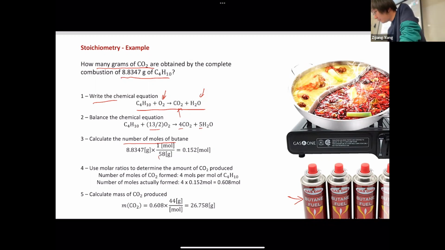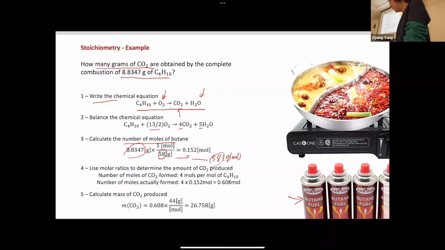And based on the calculation, we can see that the molecular weight of butane, I think this could also be expressed, that is gram per mole. And so we use this mass divided by the molecular weight.